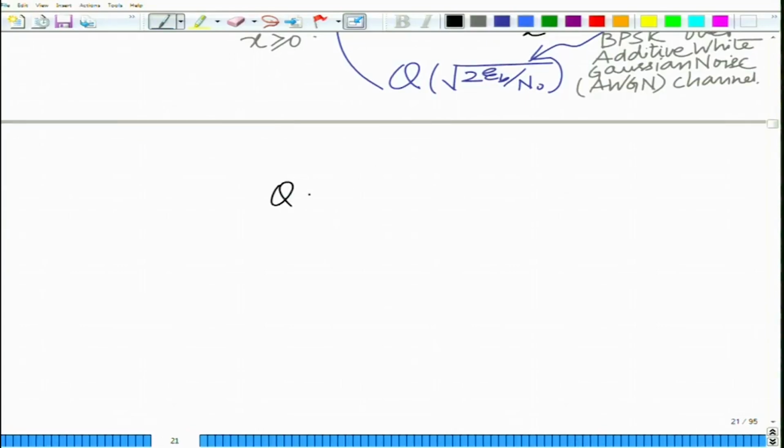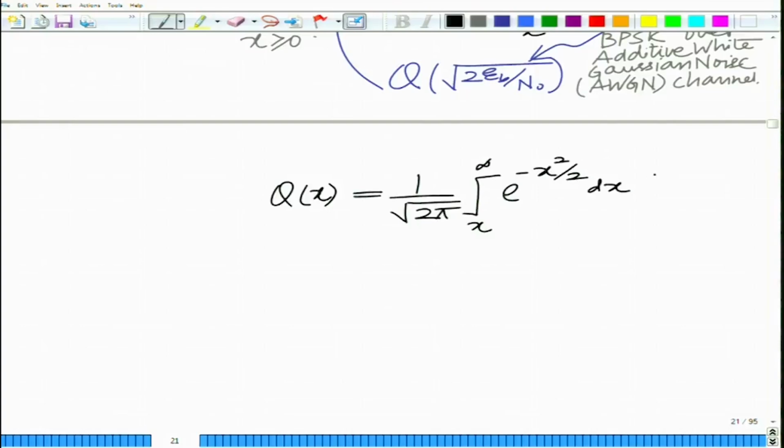We start with the definition Q of x equals 1 over square root of 2 pi integral from x to infinity of e raised to minus t square by 2 dt, I apologize.